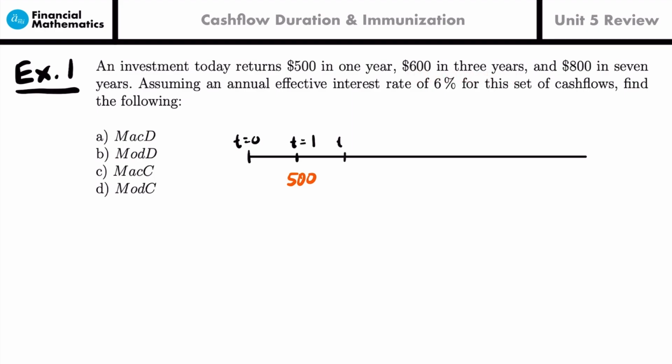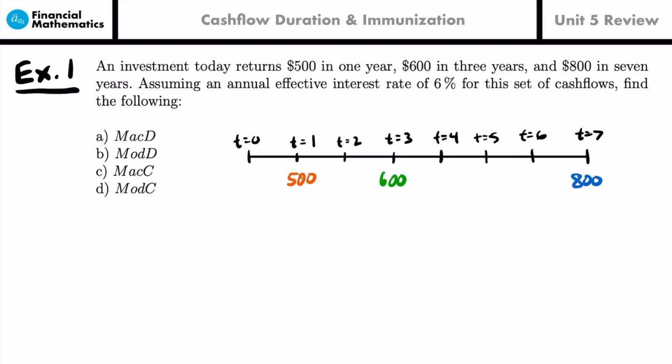So this is time equals 2, and this will be time equals 3. And so I'll put $600 at time 3. And then we have $800 in 7 years. So this will be time 4, 5, 6, and 7. All right, so this is time equals 4, time equals 5, time equals 6, and time equals 7. And at time 7, we have $800.